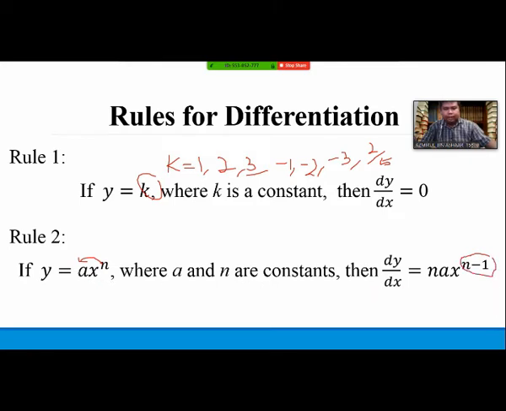Again, when you have y equal to ax power of n, when you differentiate it, the power of n for x will move to the front, become n multiplied with a, and then the power n here will be n minus 1.